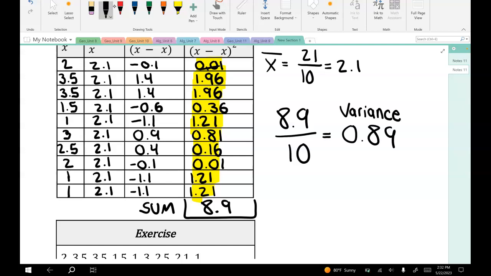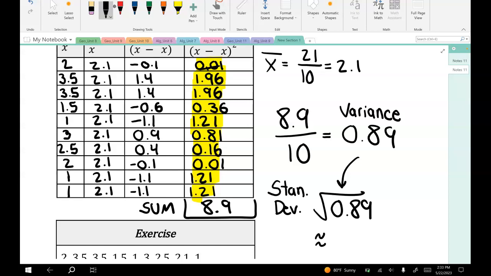Then to find your standard deviation, sometimes we abbreviate it as StanDev. Like 2 people named Stan, the other person's named Dev. We take the square root of our variance. So we take the square root of 0.89.